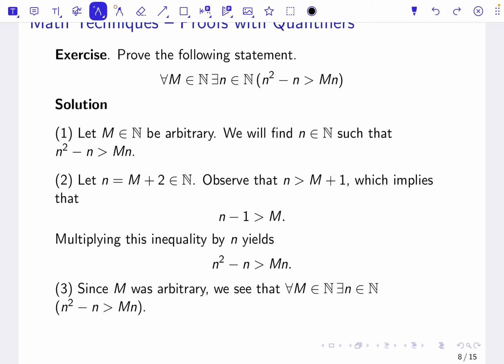We're going to be doing a lot of proofs in this course that look a bit like this. We got quantifiers and an inequality about these quantifiers.